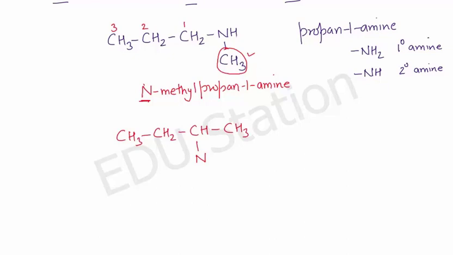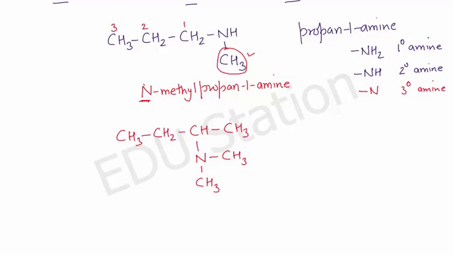If it was NH and something, it would have been secondary, but I'm writing both CH3s over here. So if you have an amine which is only N, there's no hydrogen with it, it becomes an example of a tertiary amine. The structure which we have just made is a tertiary amine.